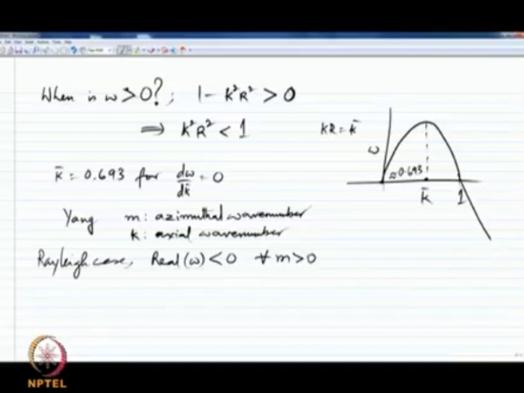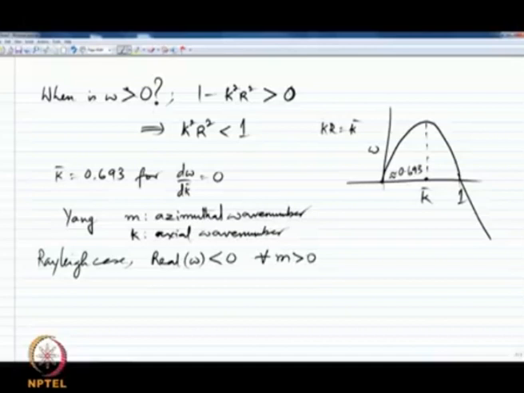So, m equal to 1, 2, 3 etc. are all unconditionally stable. That is, even if you were to introduce a perturbation that has an azimuthal feature to it, they would be damped out, they would be attenuated. Whereas, axial perturbations, especially near this number 0.693 in wave number, are likely to grow.